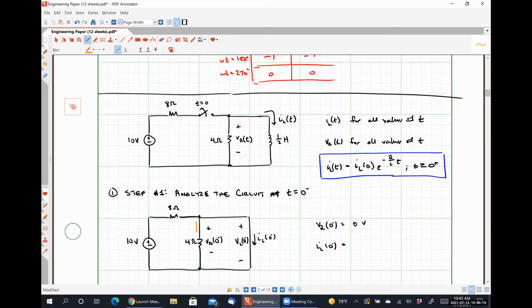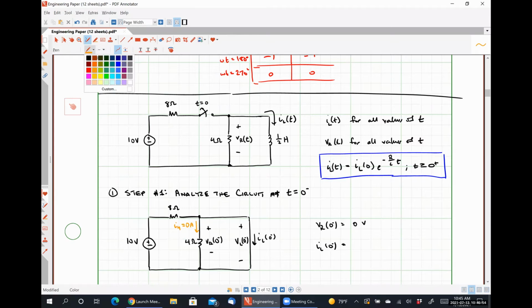So if the voltage drop across the 4 ohm resistor is 0 volts, how much current is flowing through the 4 ohm resistor? Would it be just no current flowing through it? Right, 0 amps. Ohm's law tells us that if the voltage drop across a resistor is 0 volts, then the current flowing through the resistor has to be 0 amps.